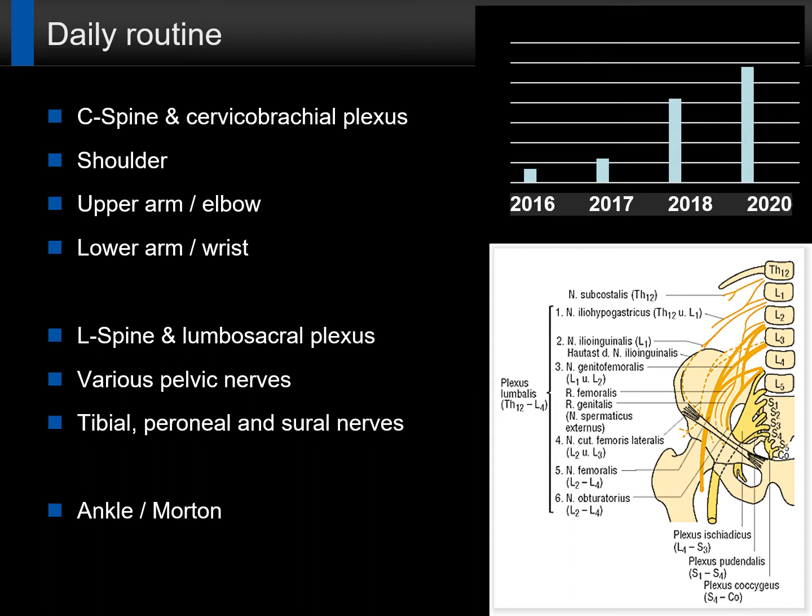We have a dedicated protocol for each of these anatomic areas, as you can see here, and they are basically run in a standard routine fashion without interaction of any doctor once it's protocoled and once the indication is clear. There are some exceptions, and I will talk about this later.